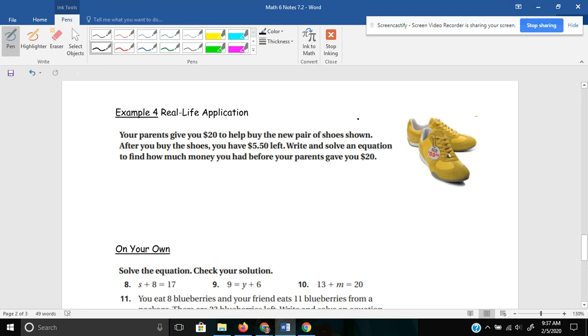I'm thinking about how much I had. It wants us to find out how much money you had before your parents gave you $20. So the starting amount plus the amount your parents gave you minus how much the shoes cost will give you the amount left.